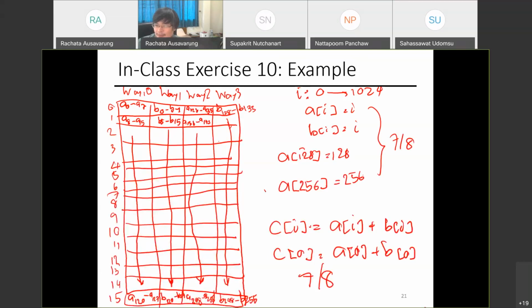Okay, so one of you was asking me, isn't it from 256 onward no hit rate because it's thrashing? Actually, thrashing is bad, but it still makes the hit rate 7/8. The reason is because when you bring in, say, A256, you actually bring in A256, 257, 258, 259, 260, 261, 262, and 263, right?